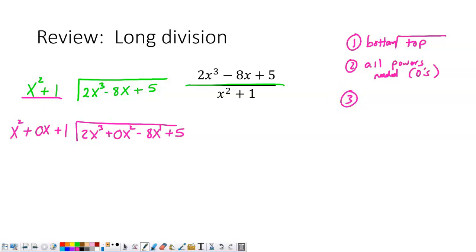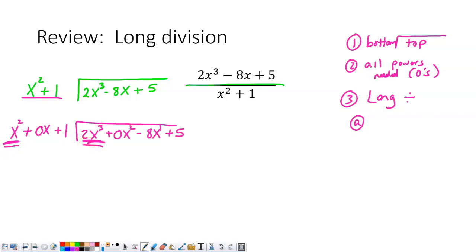Okay, and that's where my steps will get a little bit more difficult to explain, but I'll do my best here. So, long division. What we do is we ask ourselves, how many times does x squared go into 2x cubed? Now, another way that you could ask that question is, what would you have to multiply x squared by to get 2x cubed?